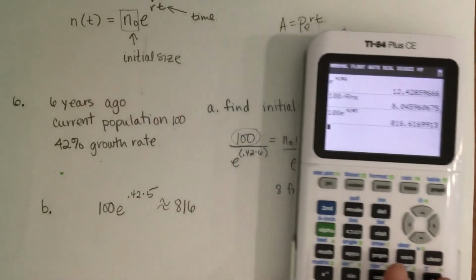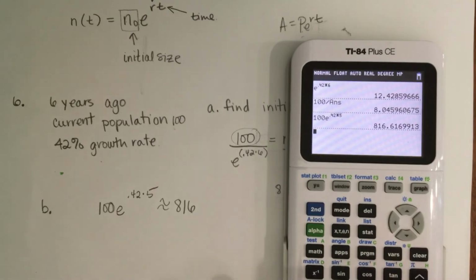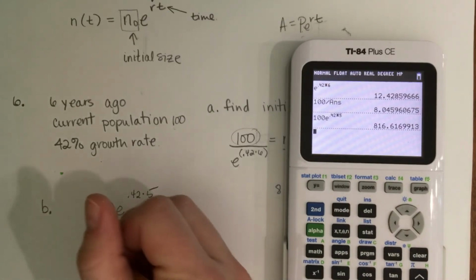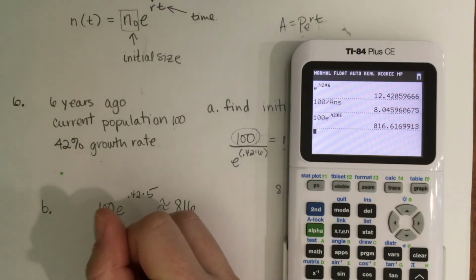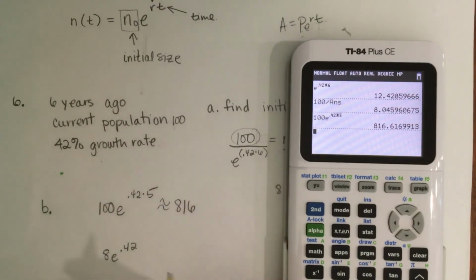Now, the other way that we can look at this is, in our first part, we just estimated that the initial population was 8. And we know our growth rate is 42%, but currently, if we're looking at this problem, 6 years ago, the population was 8, and it wants to know the population 5 years from now.